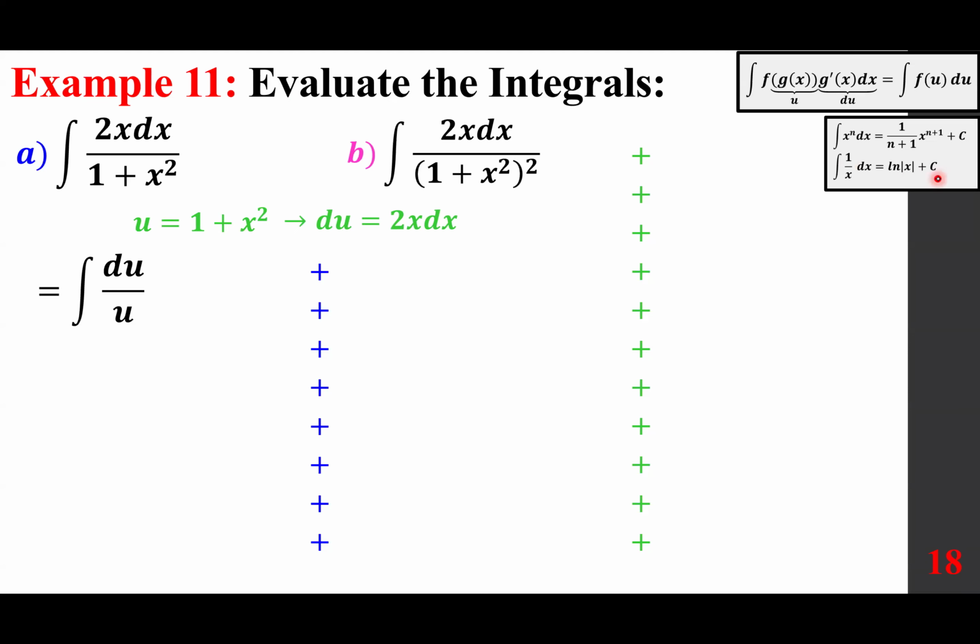So the answer is a natural log. So natural log of u plus a constant. Replace the u, and because u is positive, in fact, it's always larger than or equal to 1, you can drop the absolute value and make it ln of parentheses 1 plus x squared plus a constant.